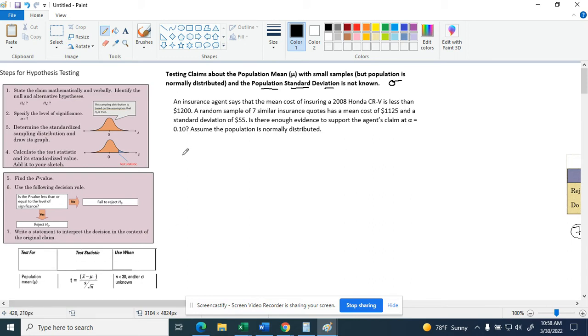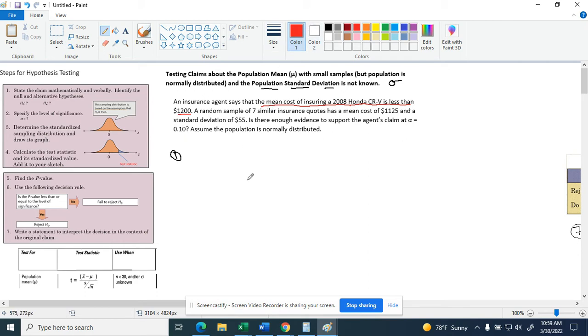So let's go over the process again. First, step number 1, we want to state the claim mathematically. So first thing is read the problem, underline the claim, and translate from words into math. An insurance agent says, see, that's my keyword, whatever comes after that is a claim, that the mean cost of insuring a 2008 Honda CRV is less than $1,200.